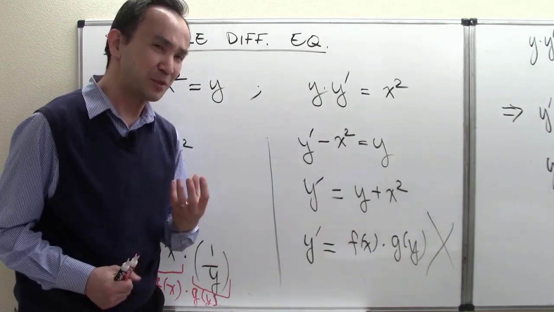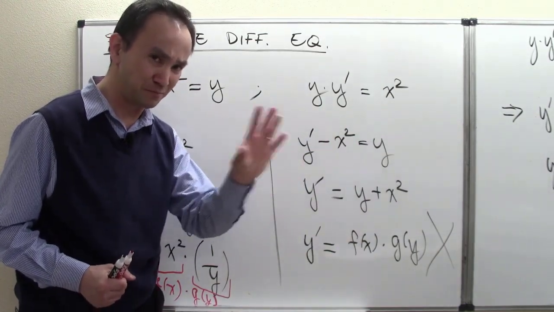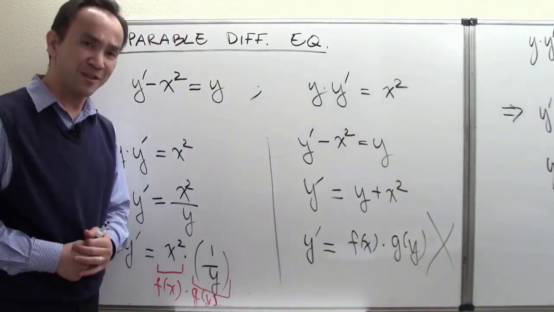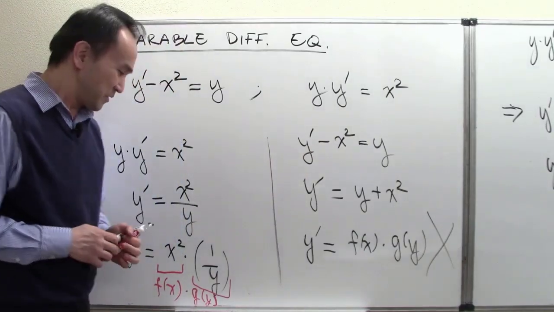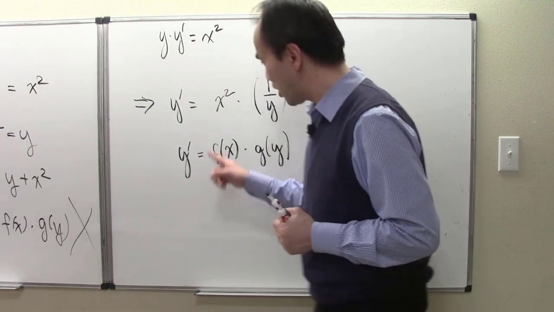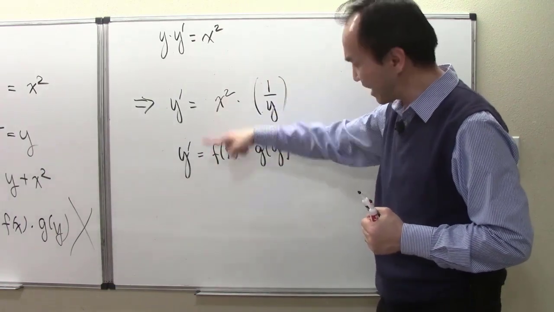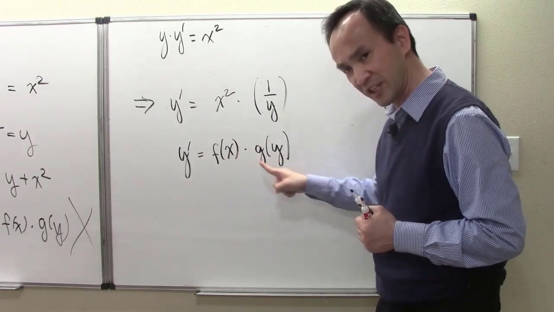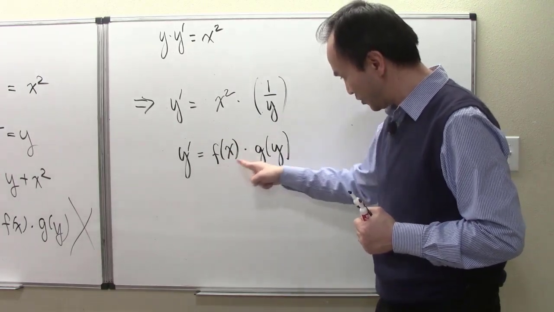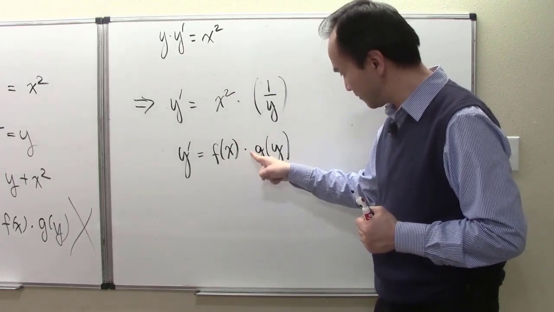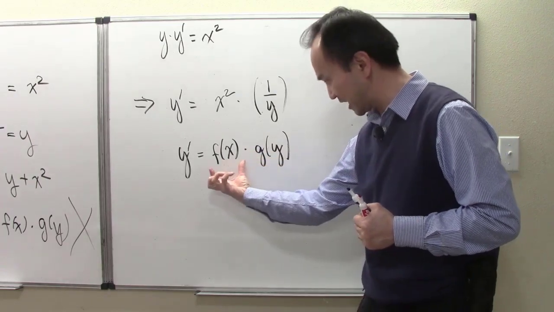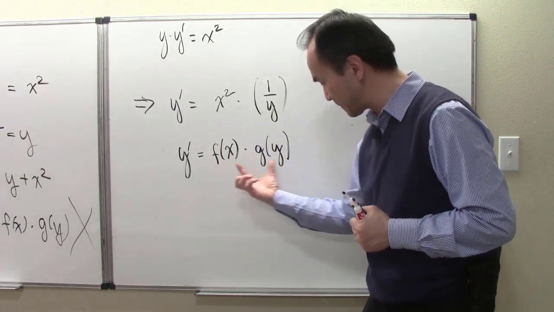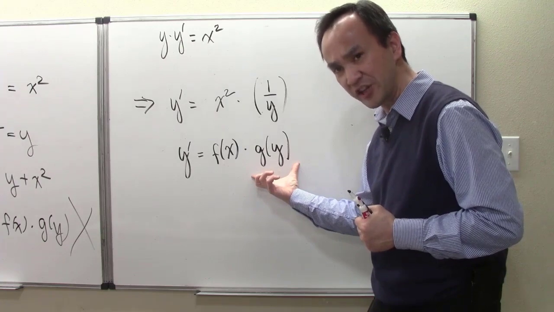It's a special property of some differential equations out there. And the equation I was demonstrating, I was successfully able to bring to the form of a product of a separate function f of x and a separate function g of y.